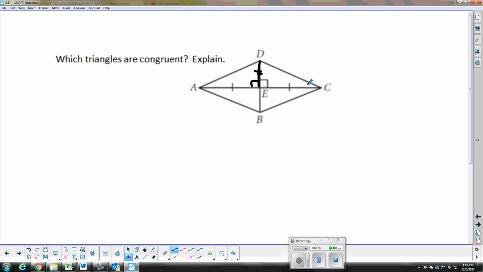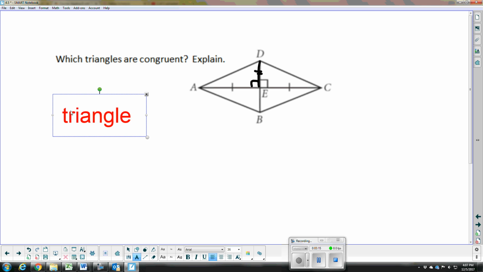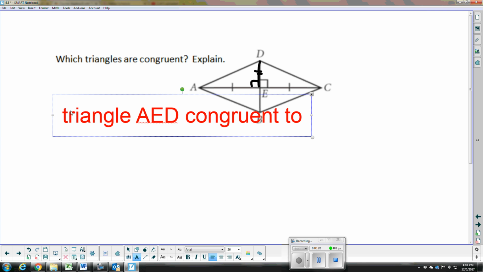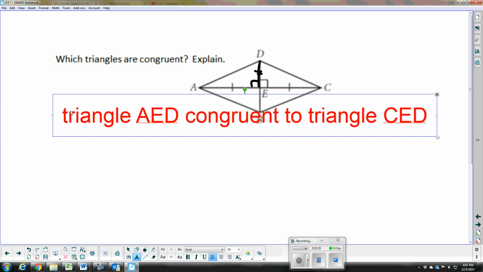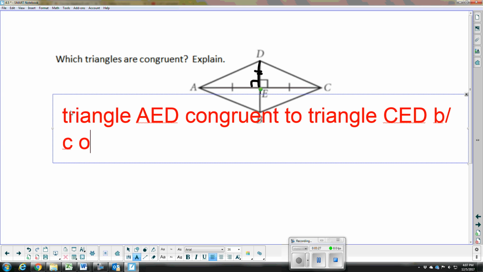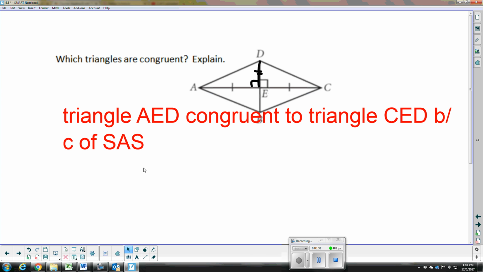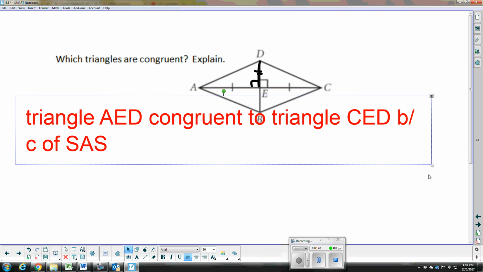Last lesson, in lesson 4.3, we had side angle side as the shortcut. So we can say that triangle AED is congruent to triangle CED because of the side angle side shortcut. Alright, that's one pair of triangles.